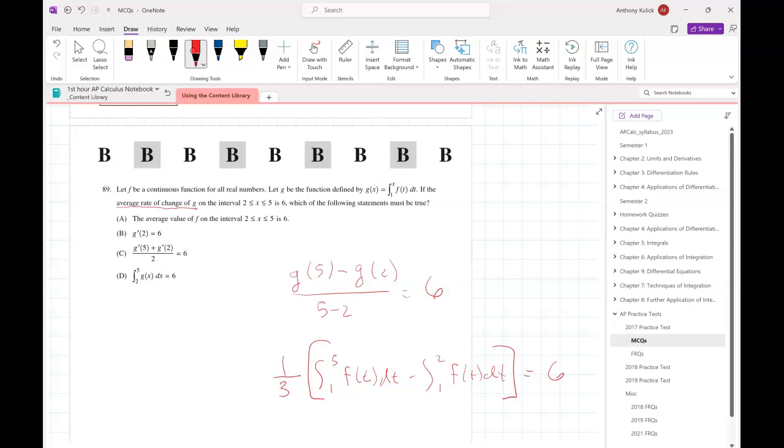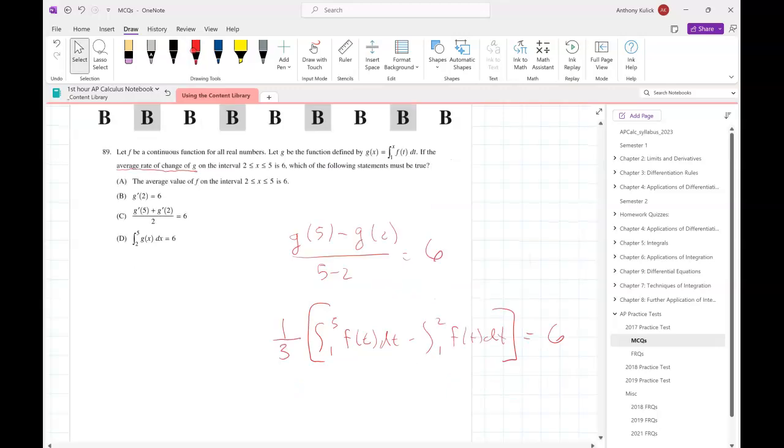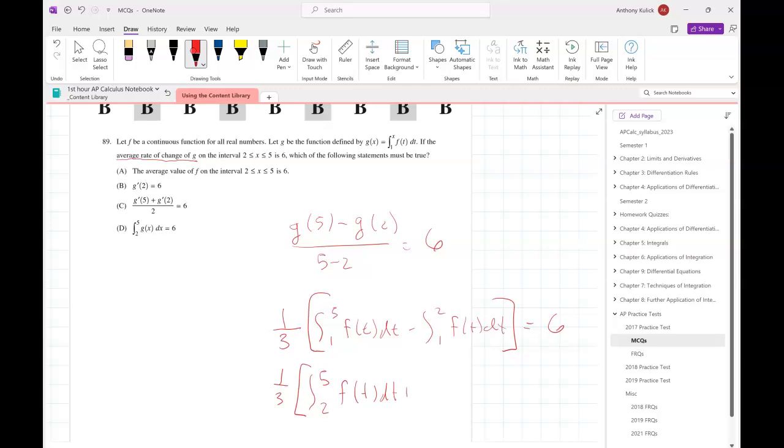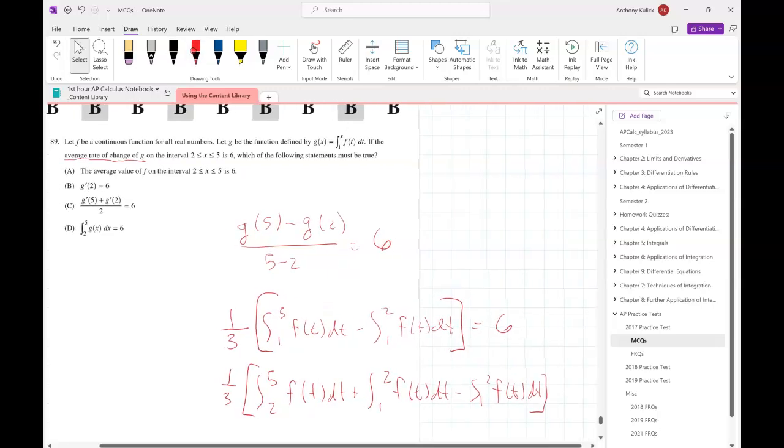Everybody good there? So the integral from 1 to 5 is the same as the integral from 2 to 5 plus the integral from 1 to 2, right? Is that okay?